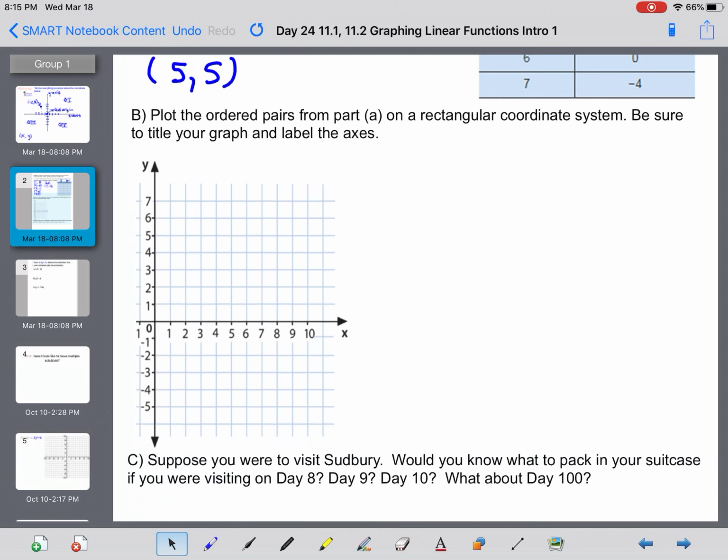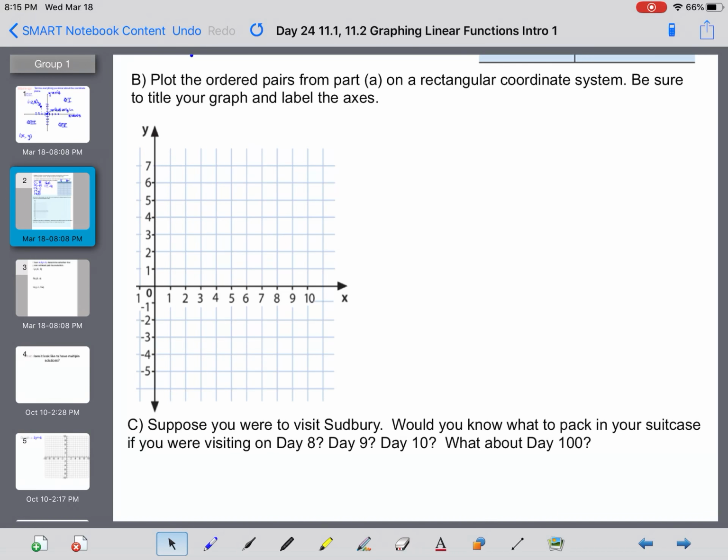The second part is going to ask me to plot these ordered pairs on our rectangular coordinate system. It does say we need to make sure we label the graph and label the axes. So if the x-axis was day number, we're going to go ahead and say day number on the x-axis, and the y-axis is temperature in degrees Fahrenheit, so that's going to be along the y-axis.